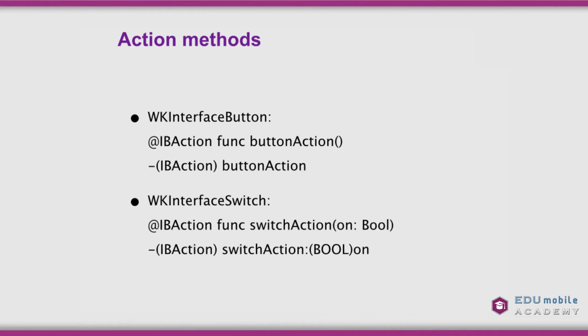In Objective-C, -IBAction buttonAction. A switch gives us back whether or not the switch is on. Actually, it gives us a Boolean value called on. So @IBAction func switchAction(on: Bool), or in Objective-C, -IBAction switchAction:(BOOL)on.